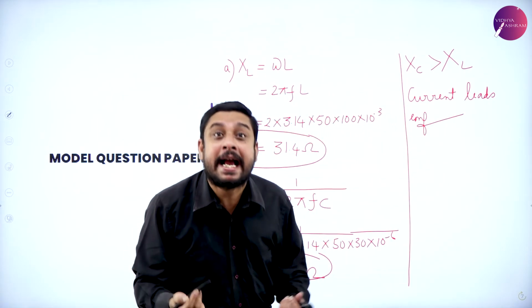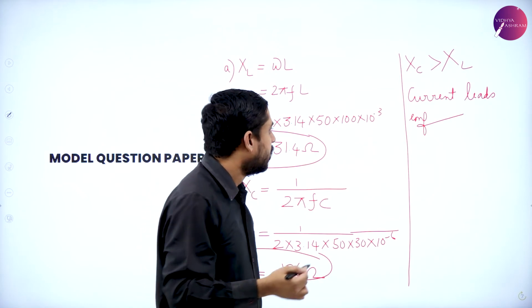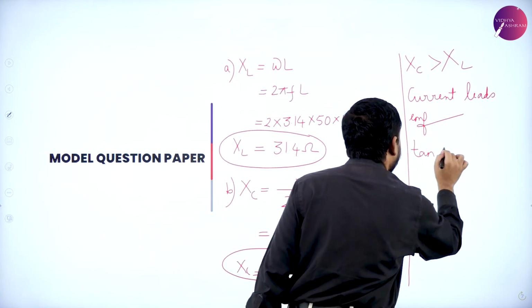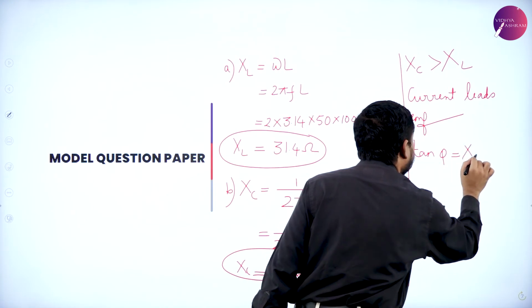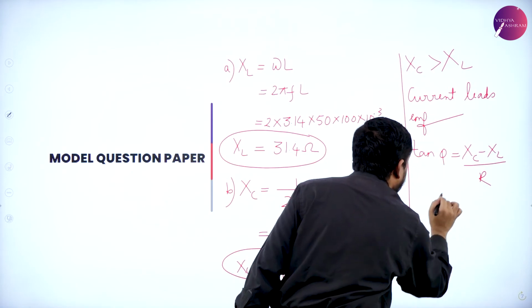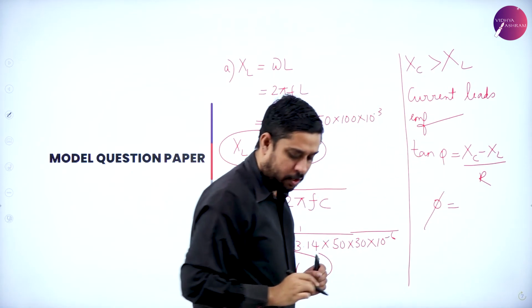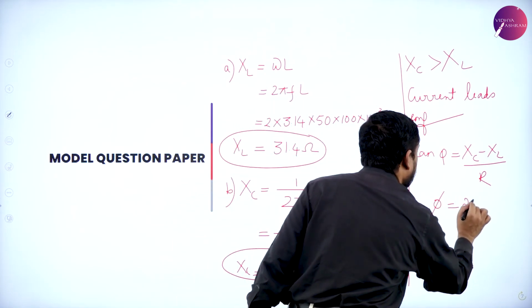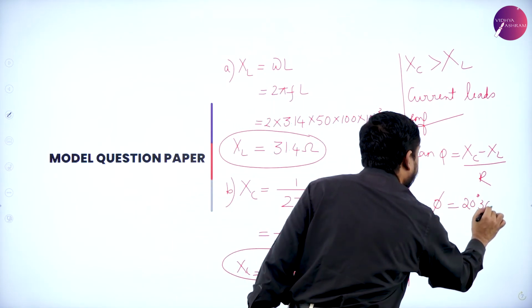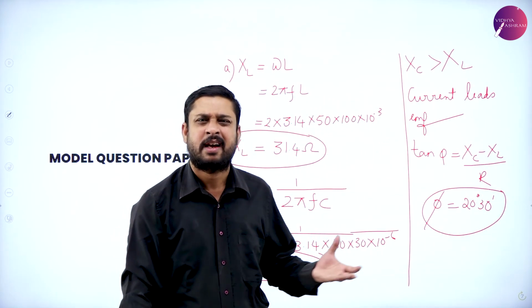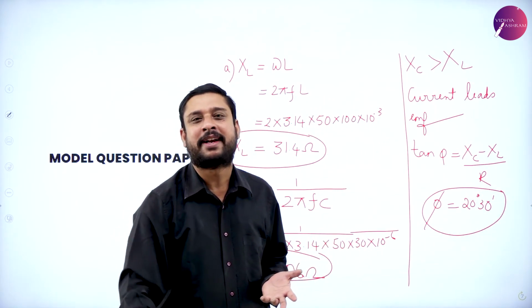And by what angle is also asked. So I use the expression tan phi equals XC minus XL by R, and on calculation phi turns out to be 20 degrees 30 minutes. See, easy to score a 5 mark here.